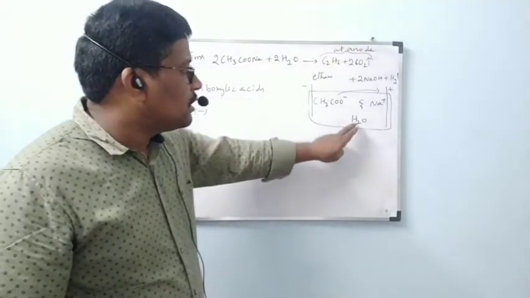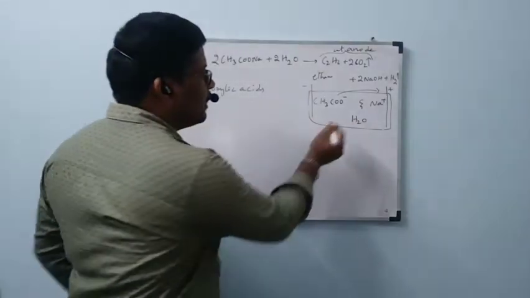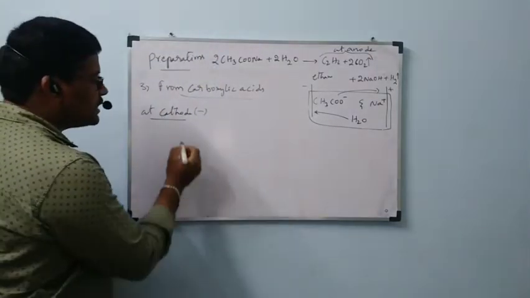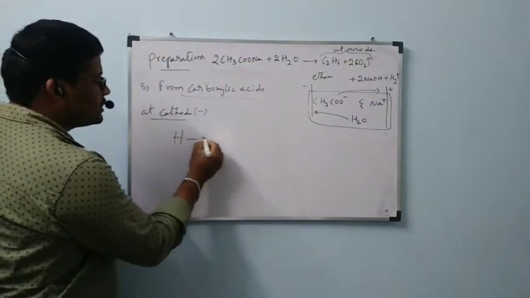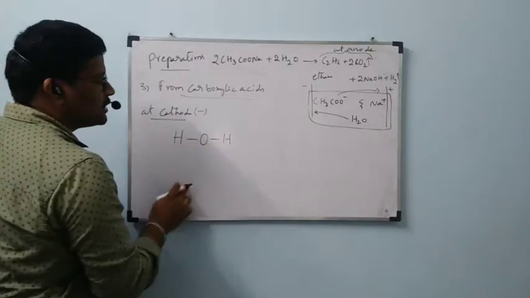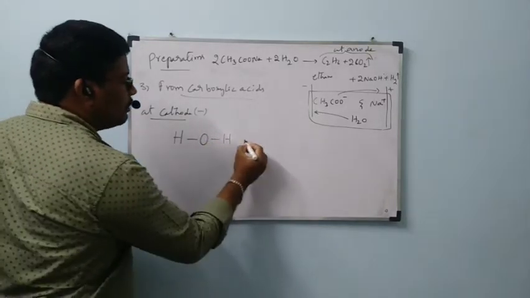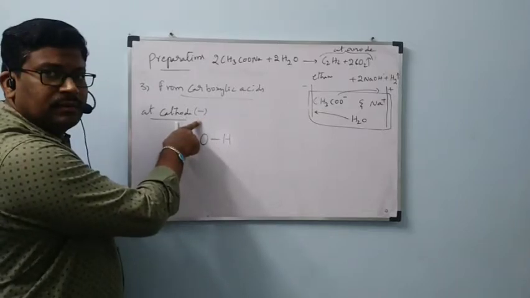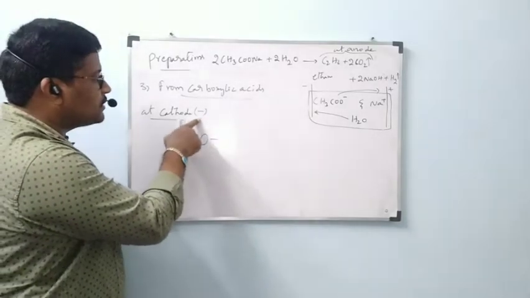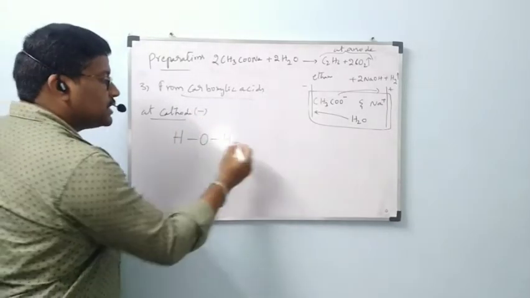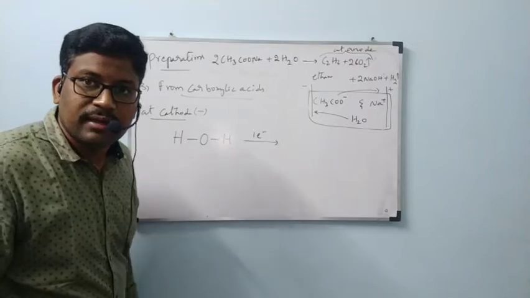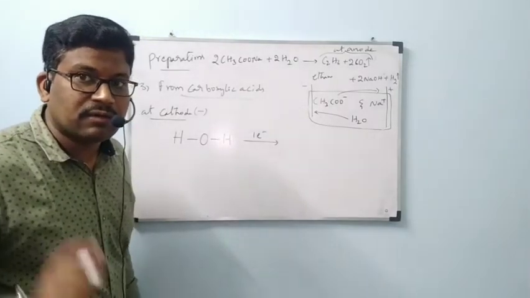Okay, now H2O will move towards the cathode. So at the cathode, what reaction is going to take place? HOH. The cathode is rich in electrons, correct? So HOH will gain one electron. In what way?